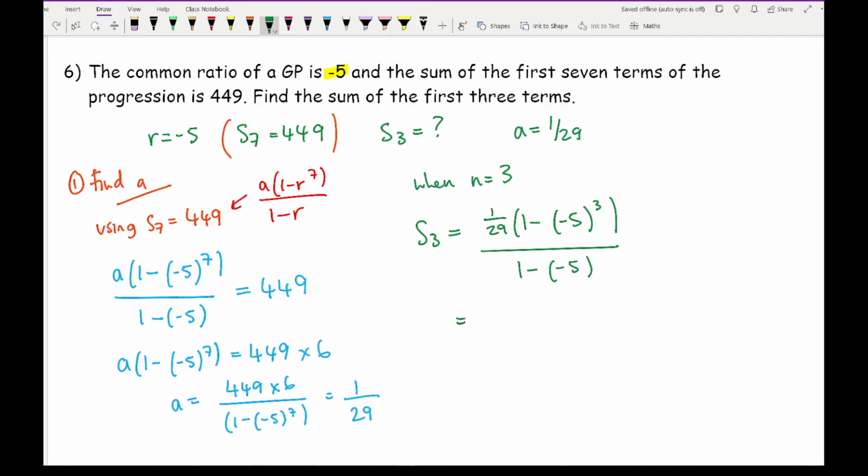You'll have fractions over fractions, but hopefully you can practice and do this with me. When r is a negative number, I strongly recommend you put it in brackets. We should have an answer of 21 over 29, and there is the sum of the first 3 terms for this particular GP.